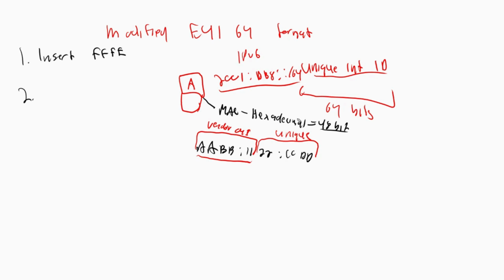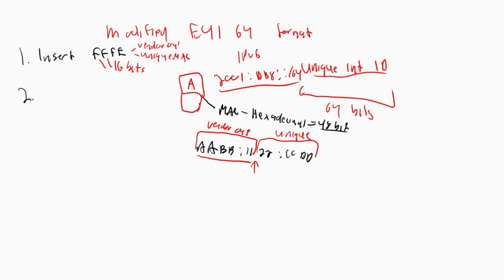So part 1, insert FFFE in between the vendor OUI and the unique part of the MAC. This is going to equal 16 bits, the FFFE, and we're going to insert it right in there.